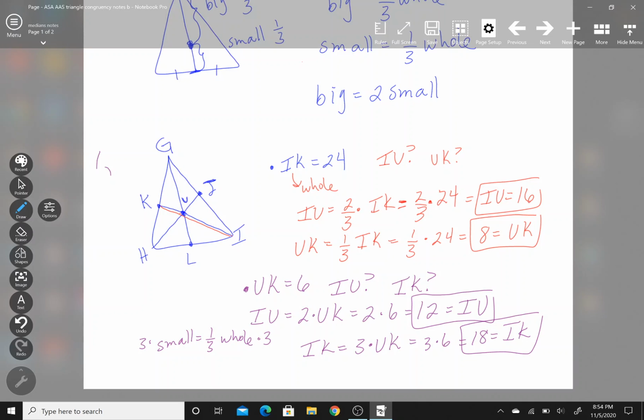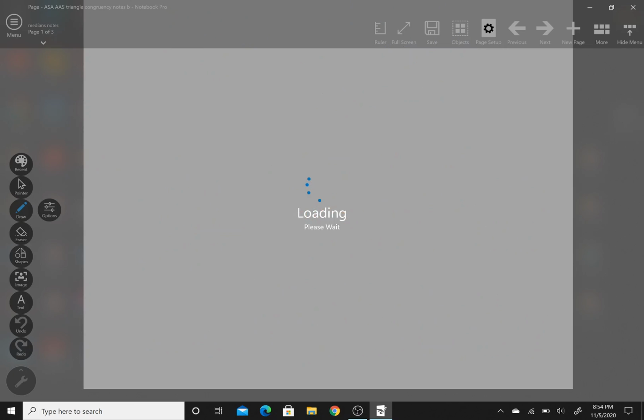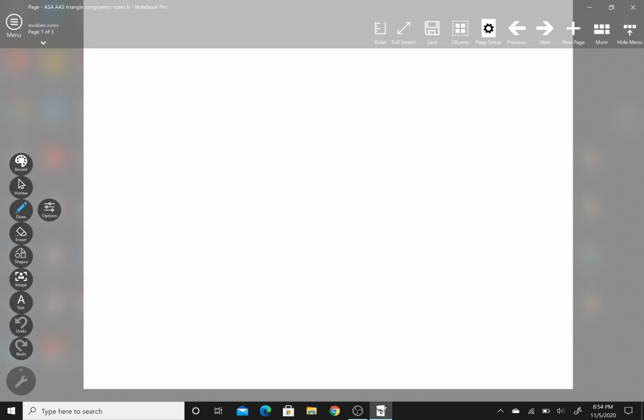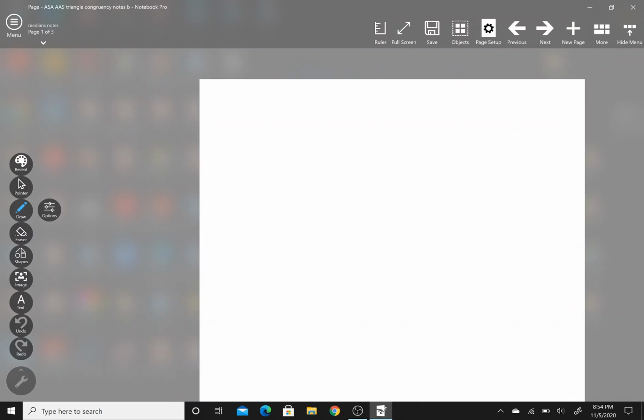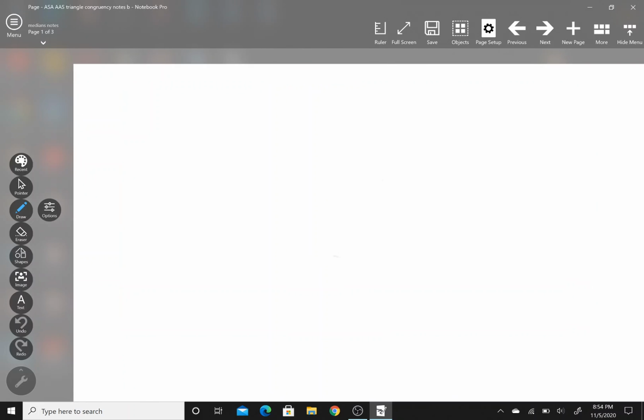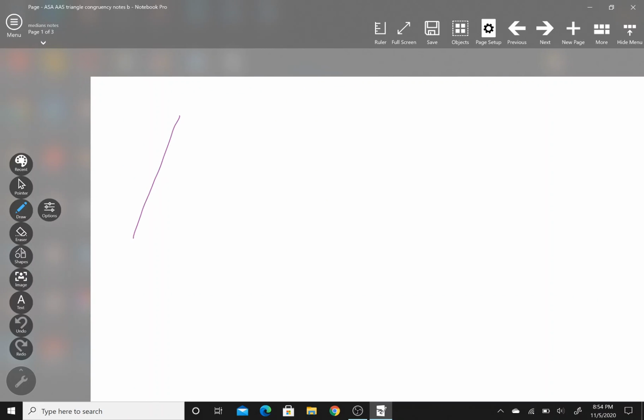All right, and we're going to do our next page here. And now we're going to do a couple of algebraic examples. So we're going to draw ourselves a new triangle. Okay. So this one is triangle ZWY. Let me draw our medians.